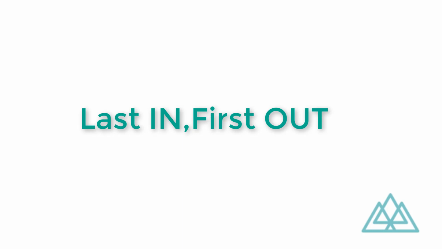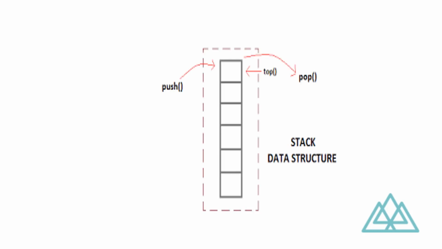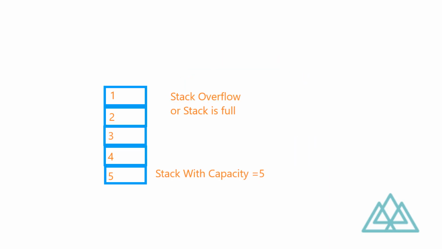A stack is considered a linear data structure, or more abstractly a sequential collection. The push and pop operations occur only at one end of a stack. This is referred to as the top of the stack. The stack may be implemented to have a bounded capacity.